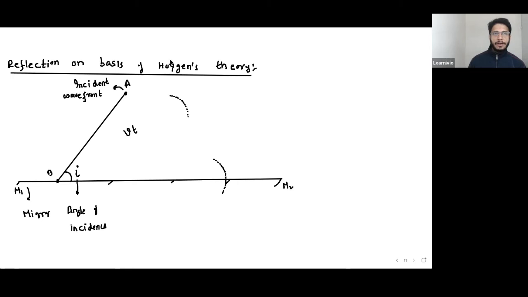Then finally, I draw a tangential surface. This is one.